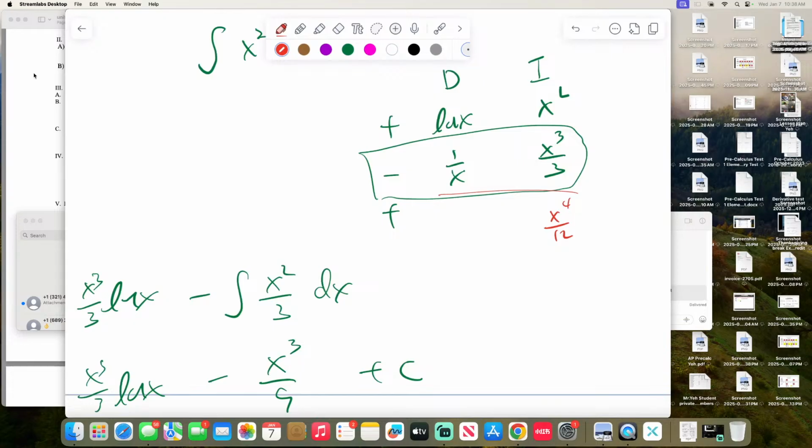So that's equal to x ln of x minus the integration of 1 dx, which is x ln of x minus x plus c. And this is integration by parts. This is the proof. You don't have to know the proof. This is the equation. You don't even have to know the equation because I'm going to teach you a shortcut in a second.